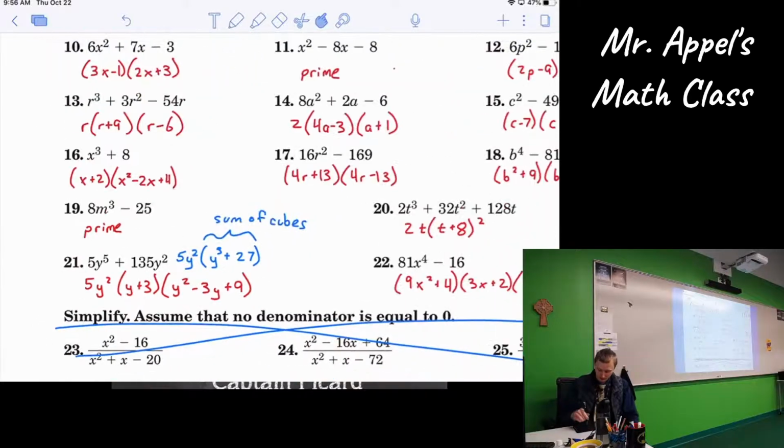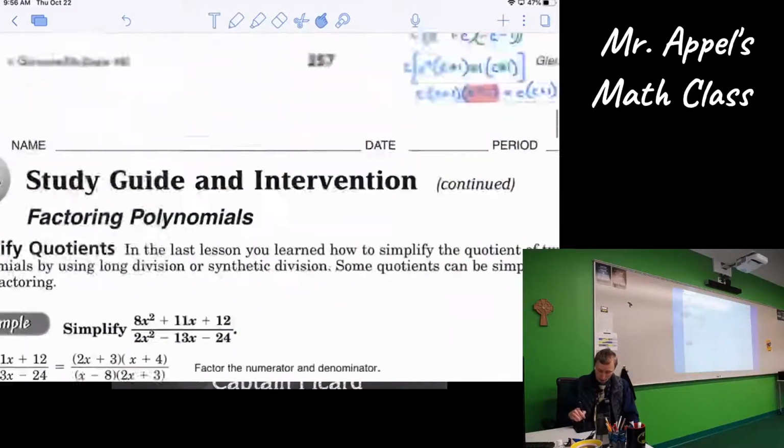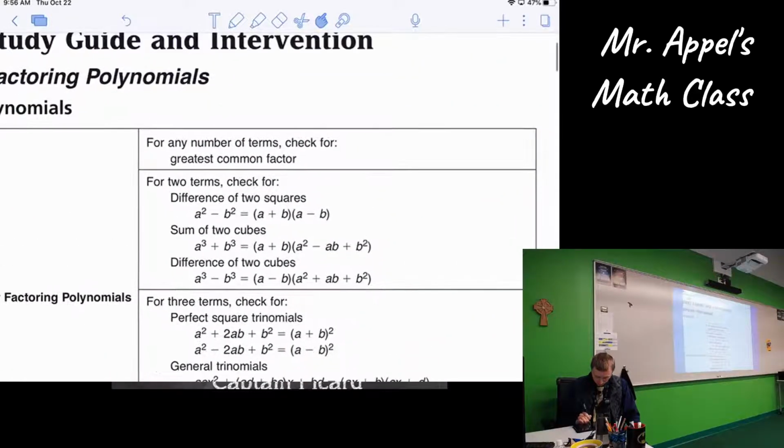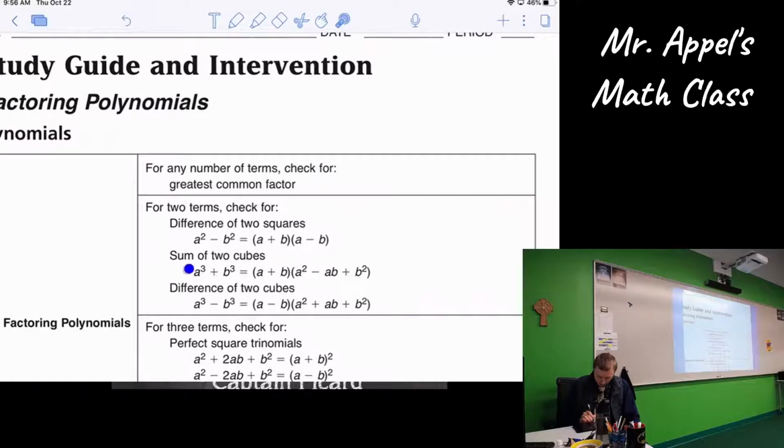Did it still have that on the front page here? Sum of 2 cubes, there it is. All right, this is what we have, except instead of a and b, we have y and 3. So we're just going to repeat this format down there, replacing a with y and b with a 3. And that will get us right to the final answer.